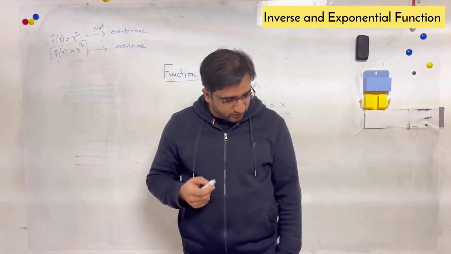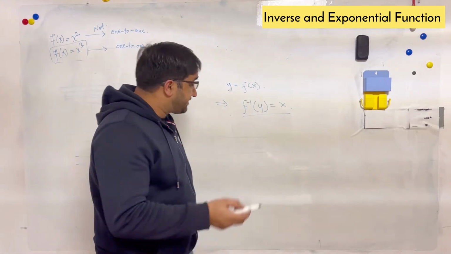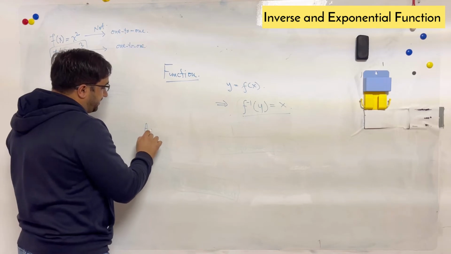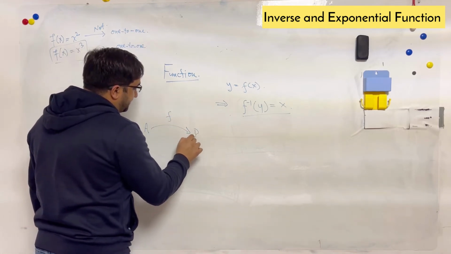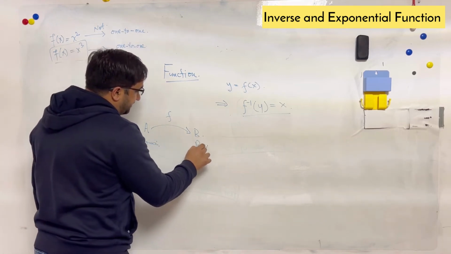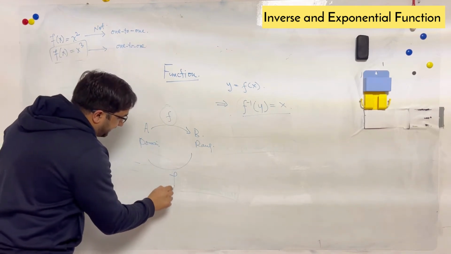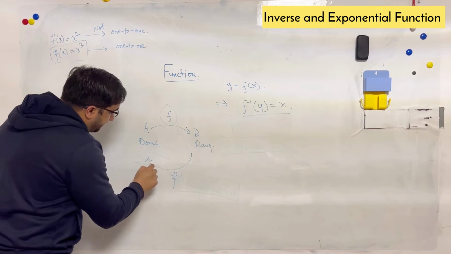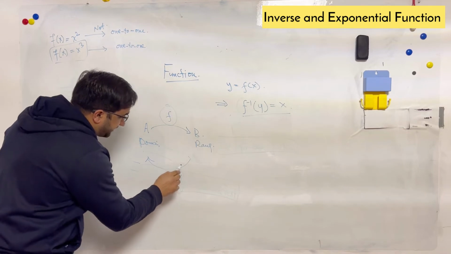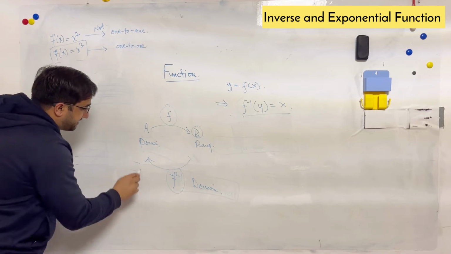So if f is a one-to-one function with some domain A and range B, going from A to B, then the inverse of this function, f inverse, will be coming from B to A. So for the inverse, B becomes the domain and A becomes the range.